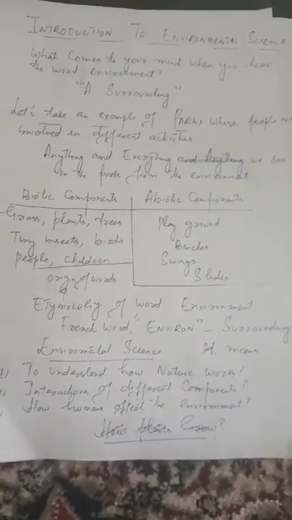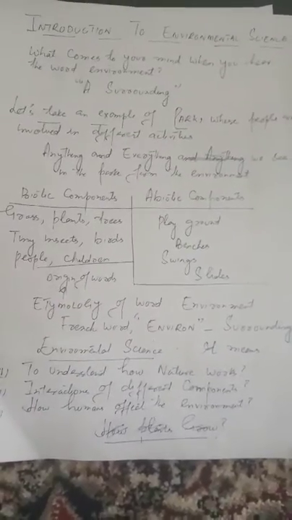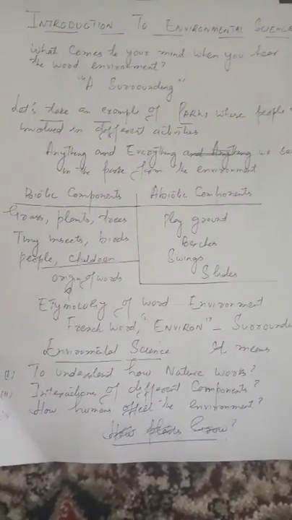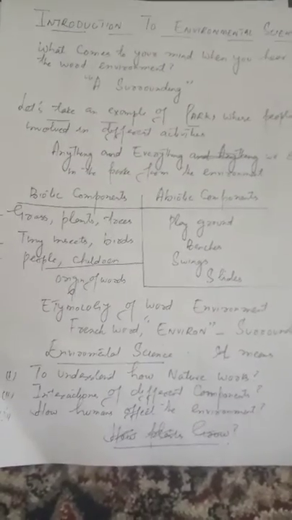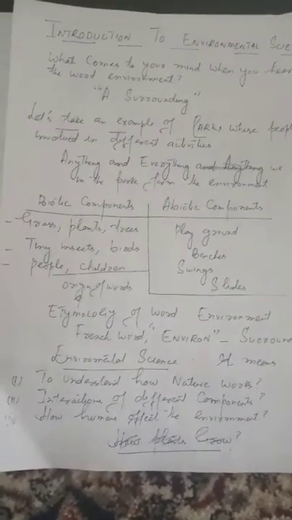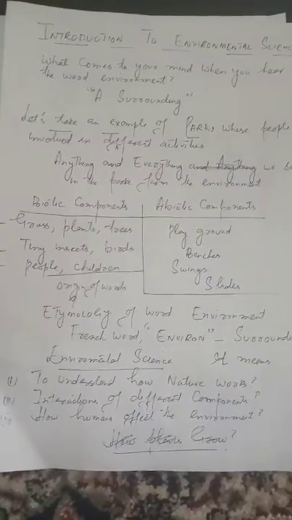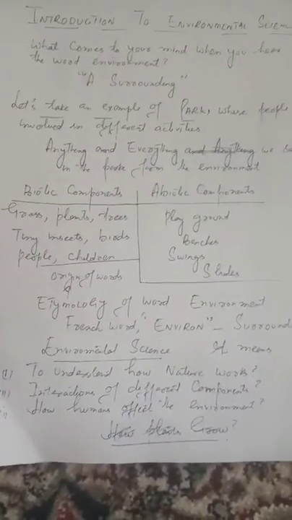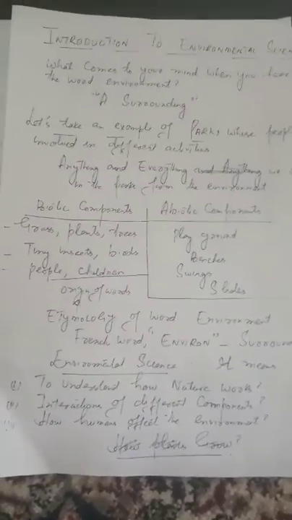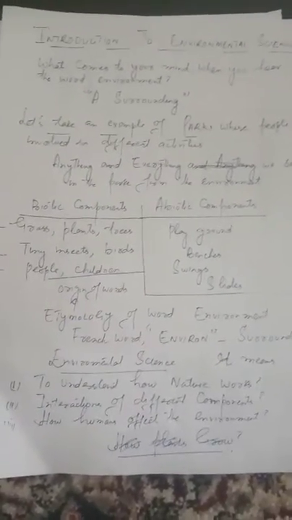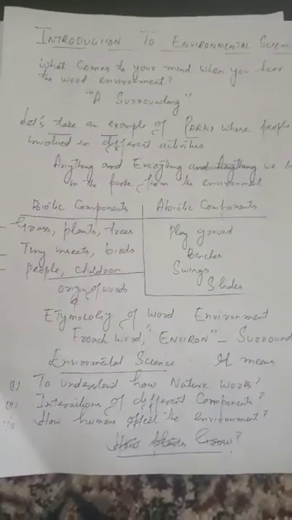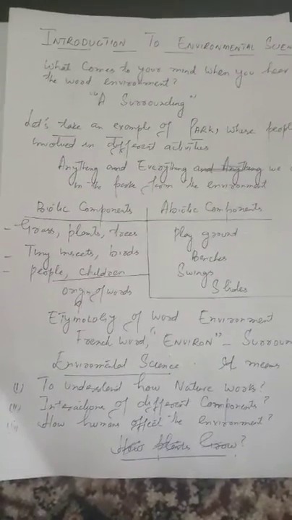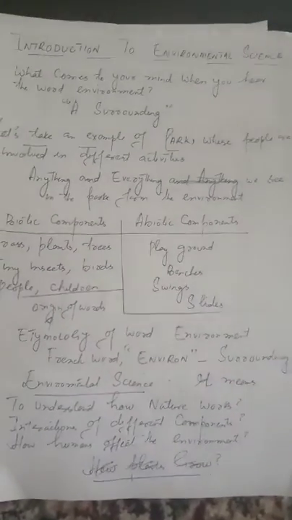Sum total means that in totality, whatever we see in the form of different landforms, mountains, different things we see, and water bodies, air, this all constitutes our environment, along with the living component of this whole earth, that includes plants, animals, and human beings as well.